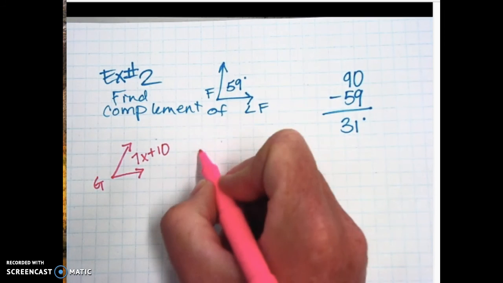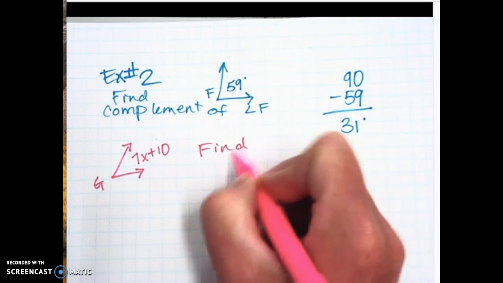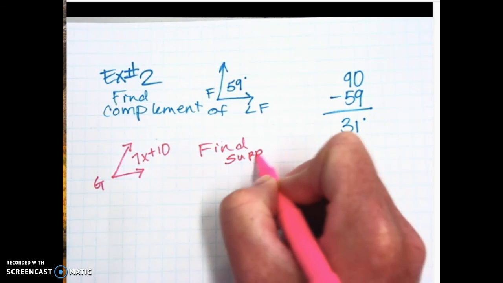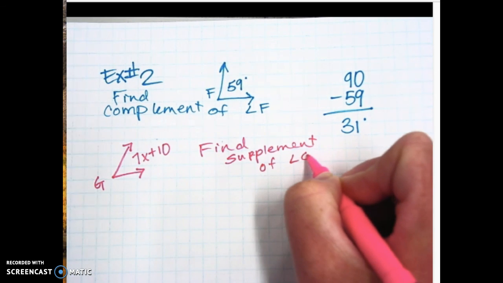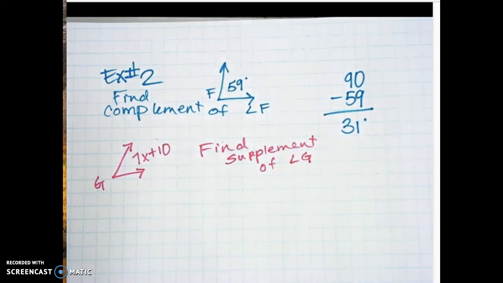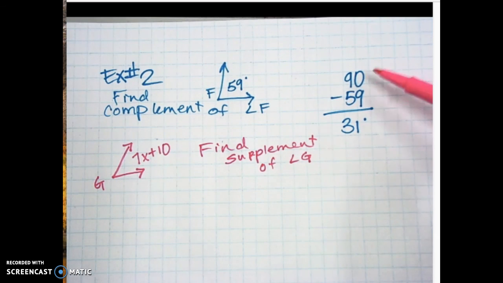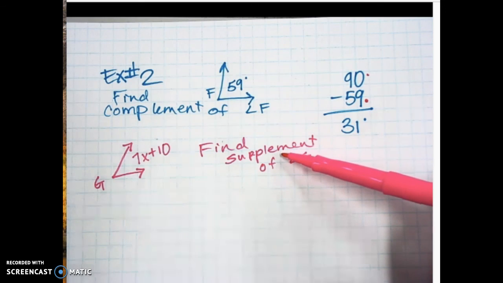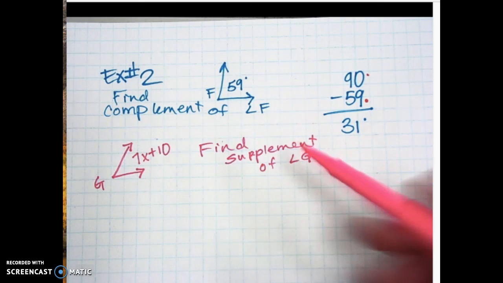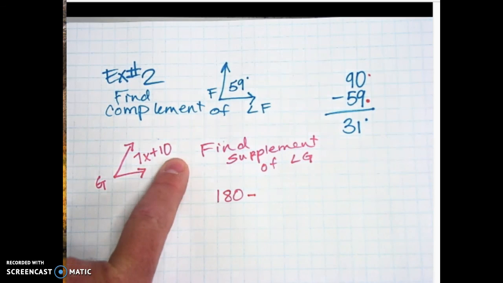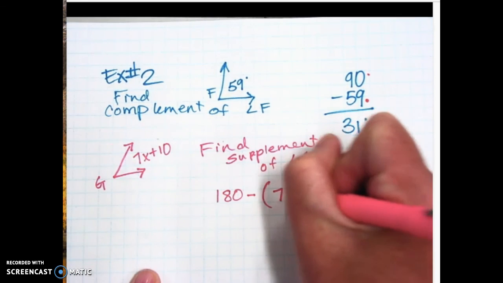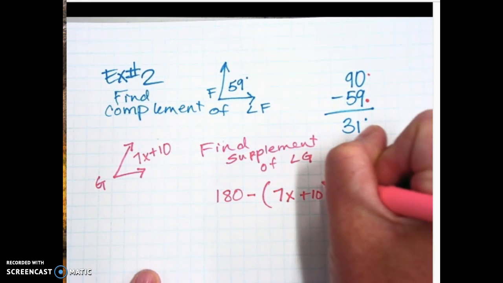And this time, you're asked to find the supplement of angle G. Just like in the first part where we took 90 and subtracted that angle, because this one's the supplement, we're going to start with 180 and subtract this whole thing. So we need to put it in parentheses: 7x plus 10.